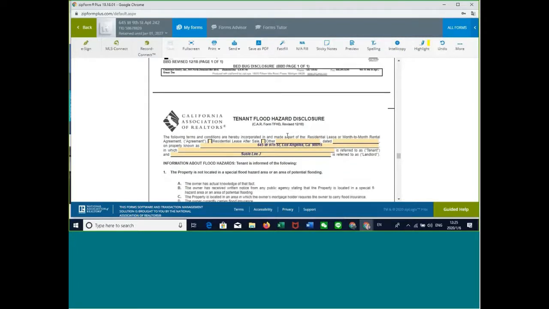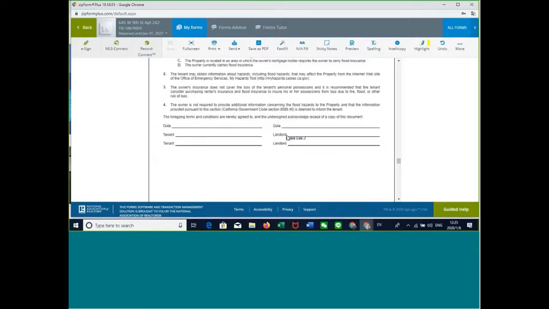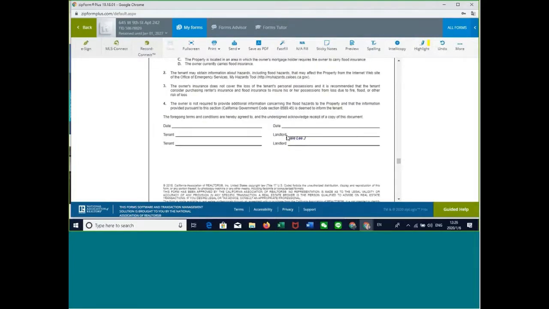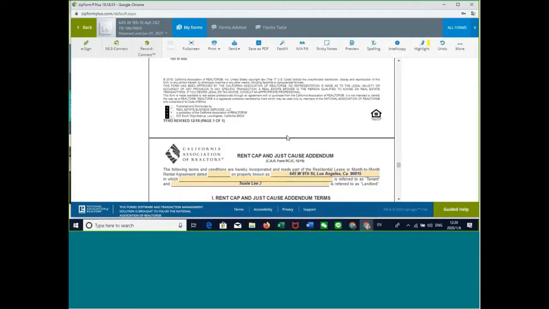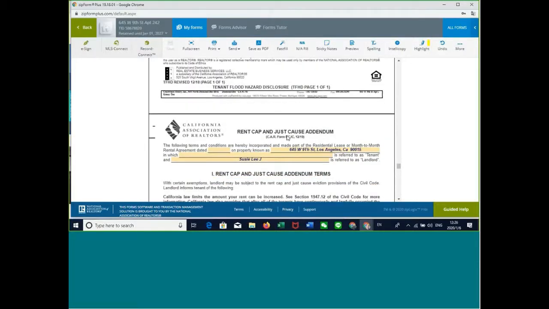We are talking about this one, which is very, very important to a landlord. Rent cap and just cause addendum. This is throughout California.